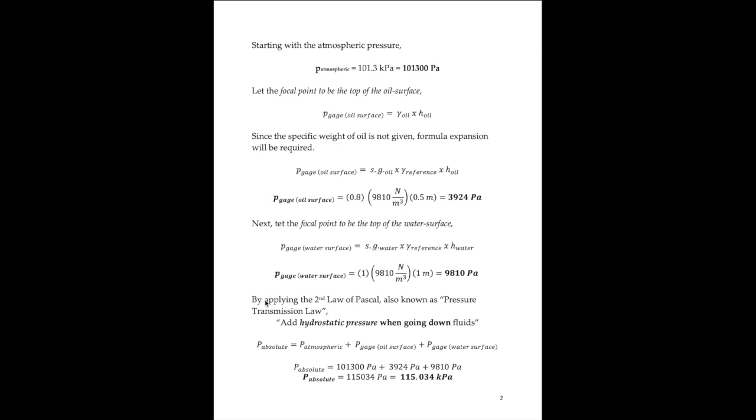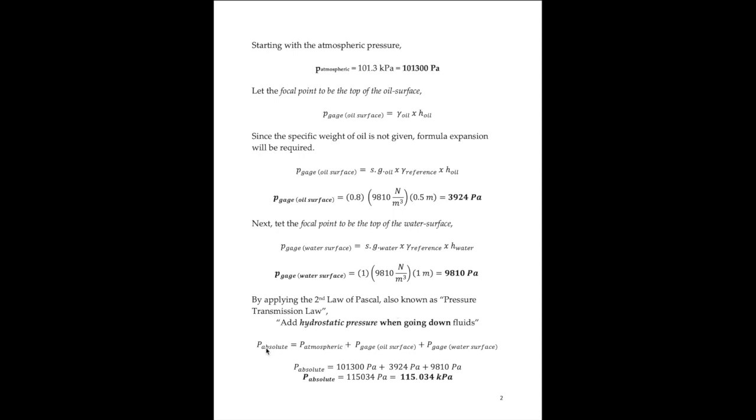By applying the second law of Pascal, also known as the pressure transmission law, we add hydrostatic pressure when going down fluids. At the bottom of the tank, since there are three pressures affecting it, we have to add all of them to get the absolute pressure.